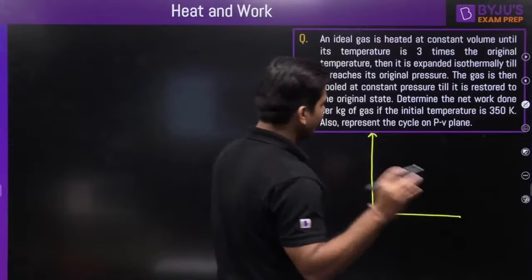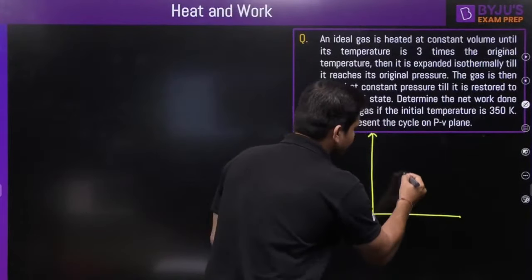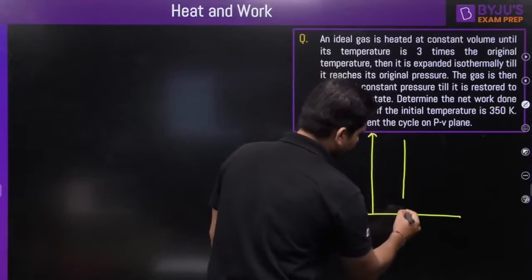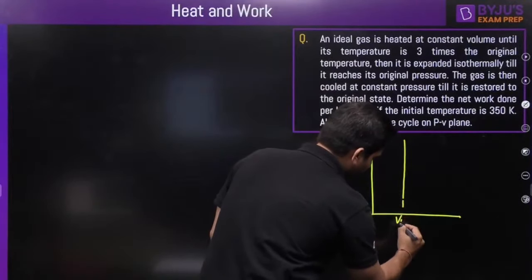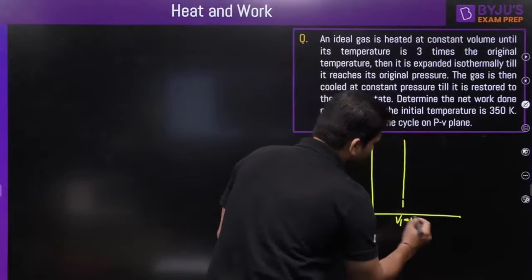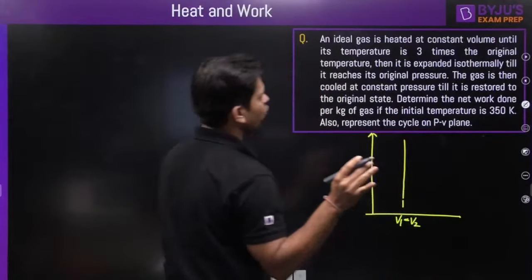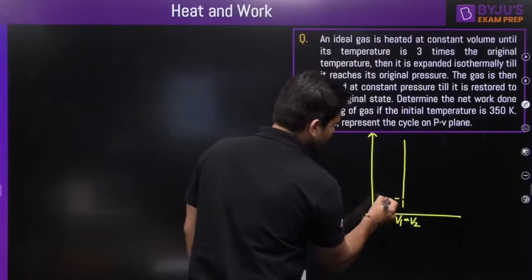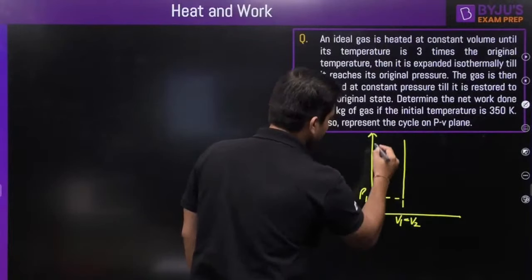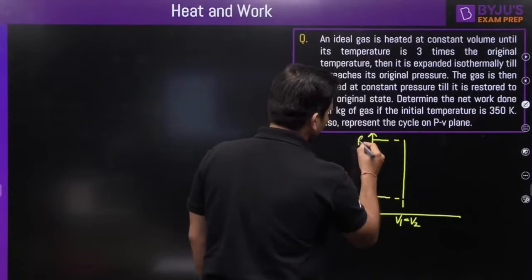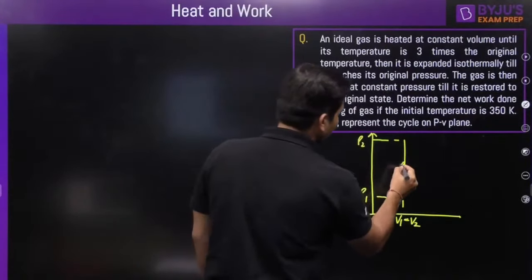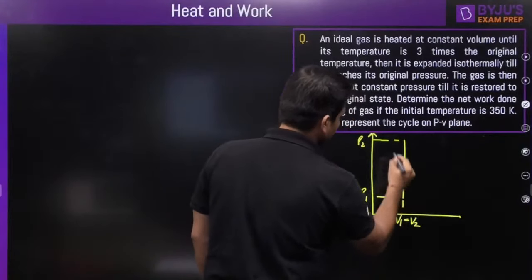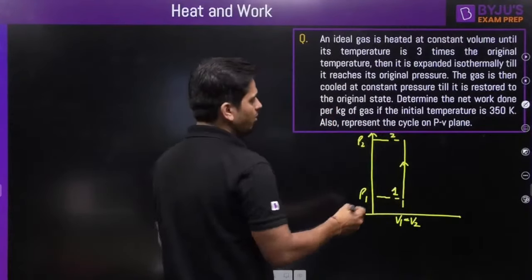We are heating, so pressure and temperature are going to increase. This is V1 equals V2, constant volume heating we are doing. So pressure is increased from P1 to P2. Then we are expanding isothermally.